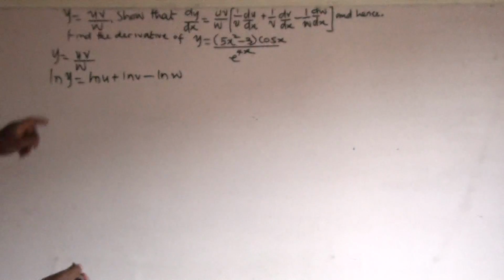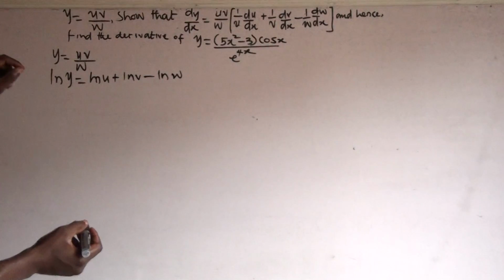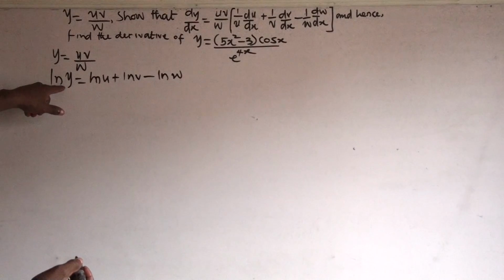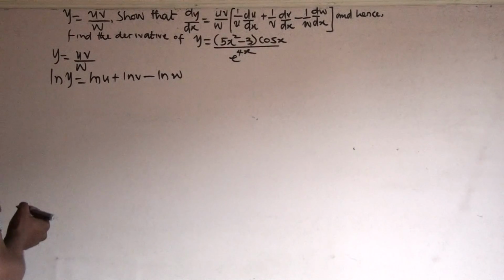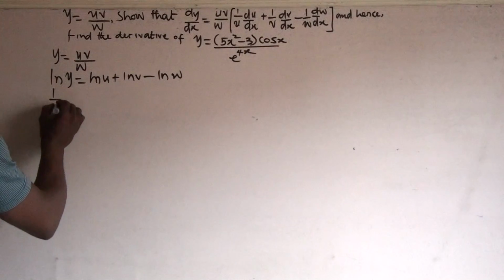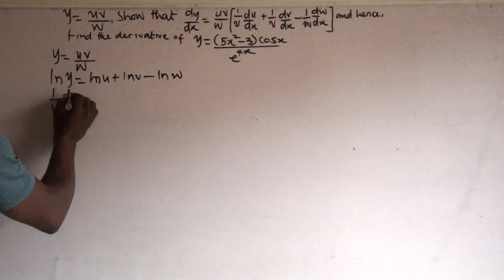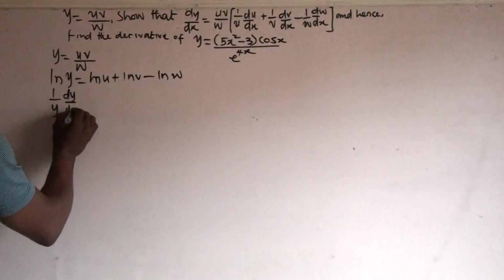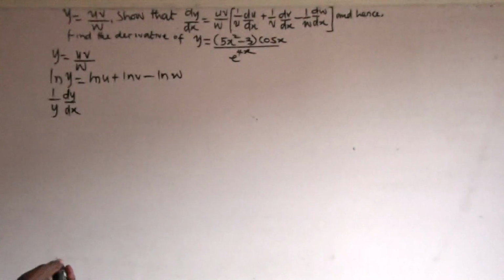And we know that if we are finding the derivative of a logarithmic function, it's going to be 1 over y, dy over dx here, because we are differentiating with respect to x.